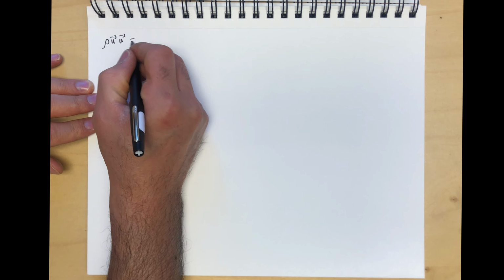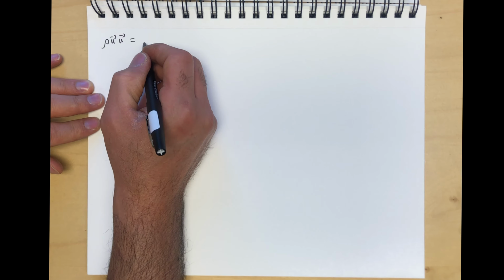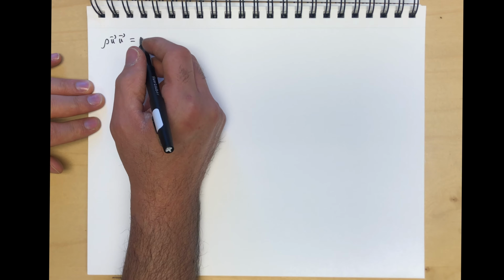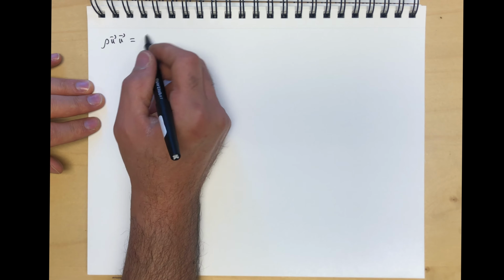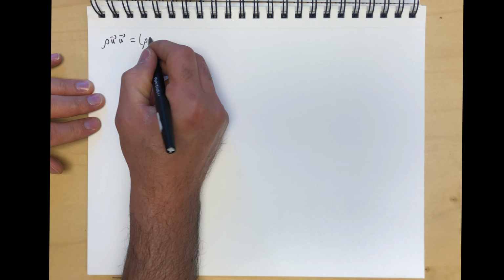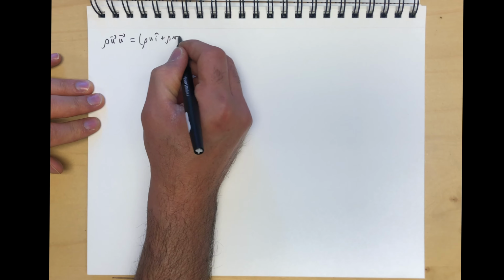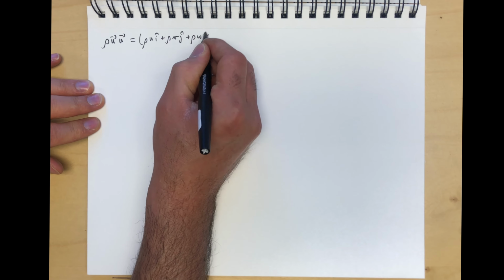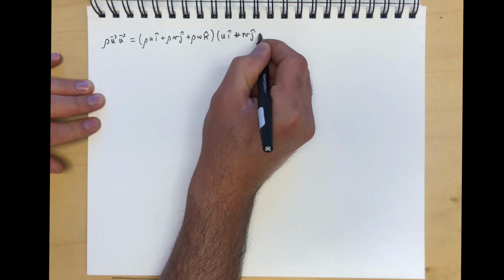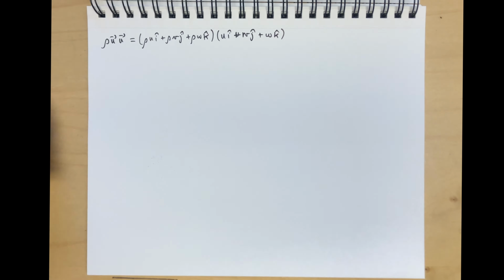Next, we are going to talk about the rho u u tensor, or u rho u if you want. Now, a neat way to expand this or get the components of the tensor, we said you could use the matrix vector notation that I showed you earlier, but there's an even easier way, is to just say this is rho ui plus rho vj plus rho wk, just multiply it by ui plus vj plus wk.